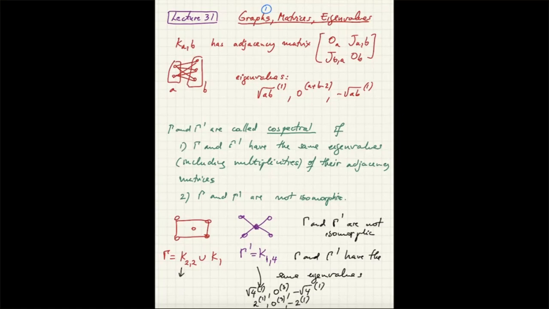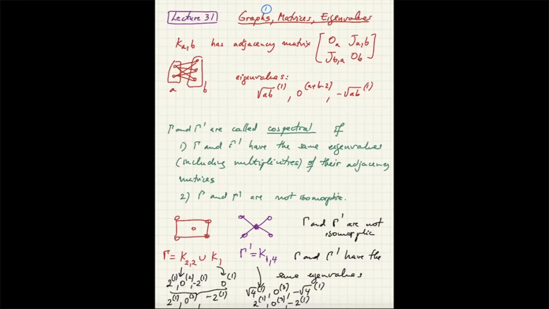Now here, K_{2,2}, the red graph, has eigenvalues 2 with multiplicity 1, 0 with multiplicity 2, and minus 2 with multiplicity 1. And K1 by itself has eigenvalue 0 with multiplicity 1. And when we take the disjoint union of two graphs, the spectrum of the resulting graph is the union of the spectra of the two graphs. And therefore, we get the same spectrum here: 2, 0, minus 2 with multiplicities 1, 3, 1.